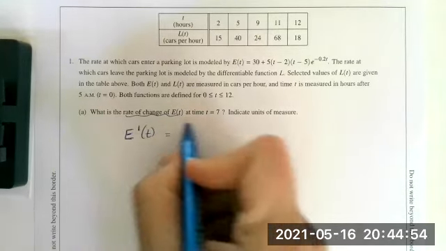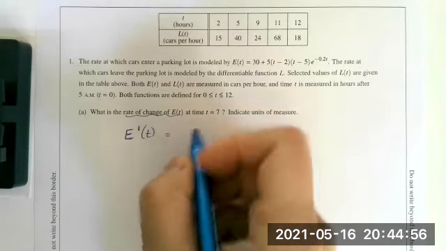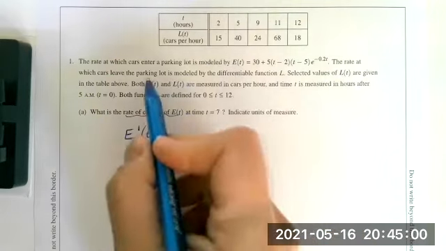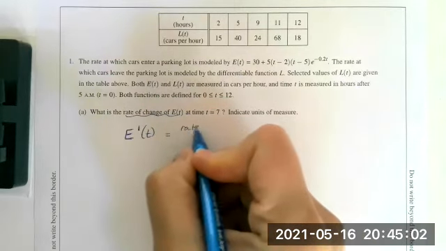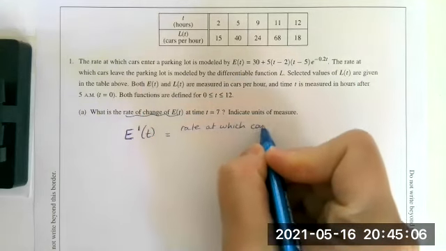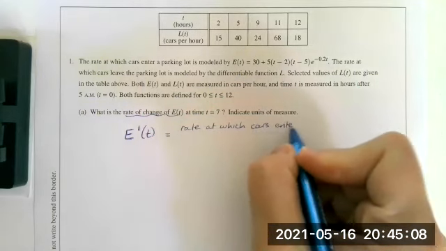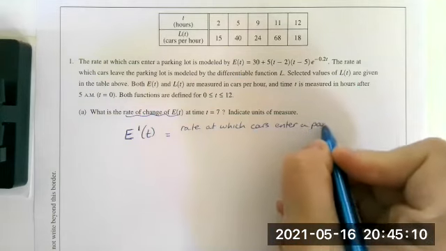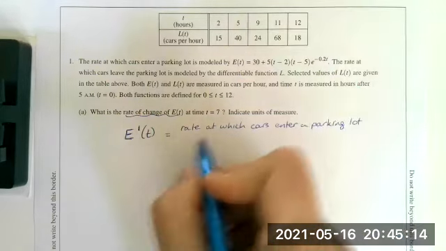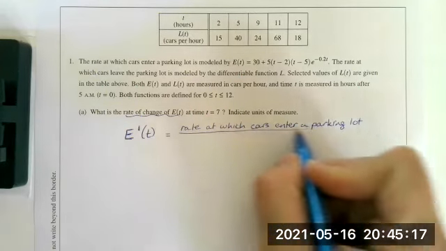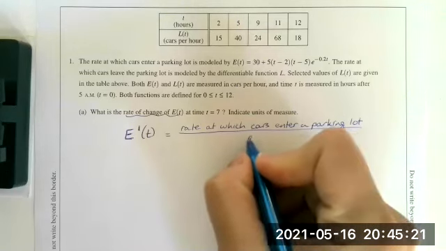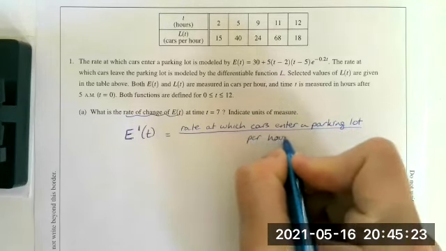Well, we are talking about rate of change of E of t, and E of t is the rate at which cars enter a parking lot. So if we're talking about that rate of change, we are dividing that per hour.